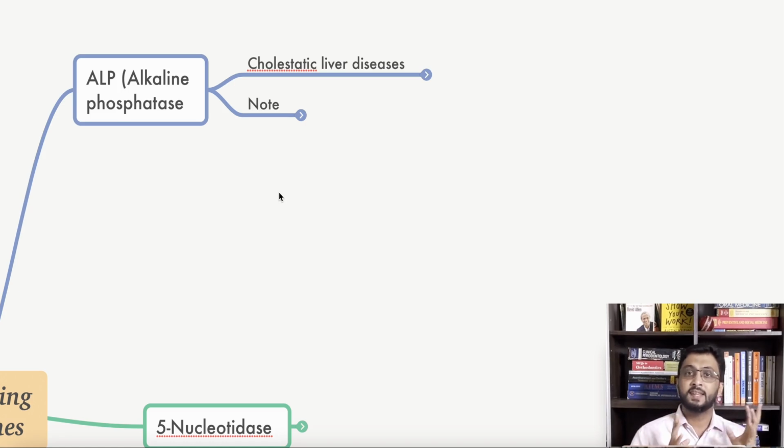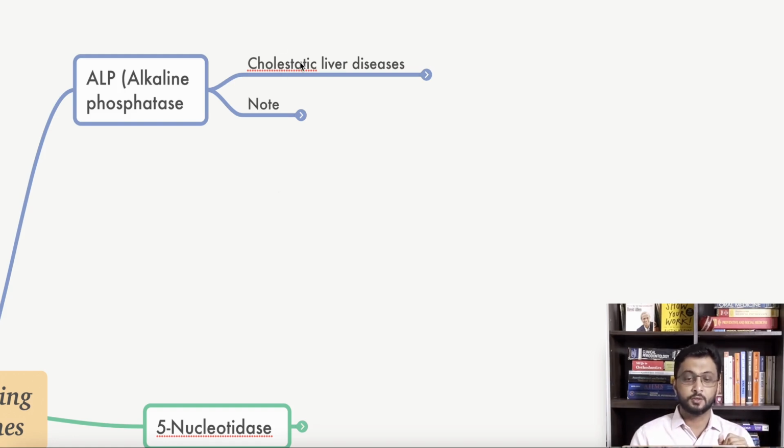You can write an essay on ALP, listing all the enzymes, all the liver diseases. Now, when it comes to your NEET MDS preparation, you have to be very specific. Which liver disease very specifically has ALP raised?